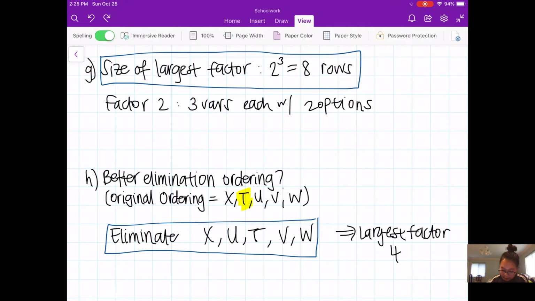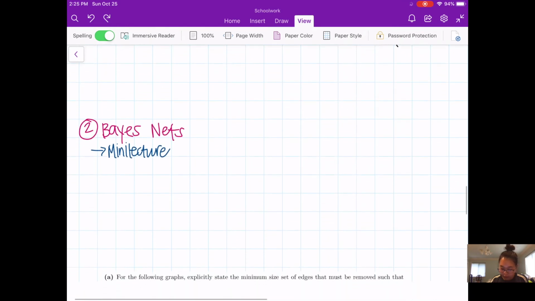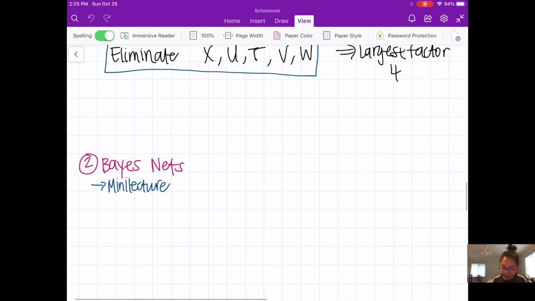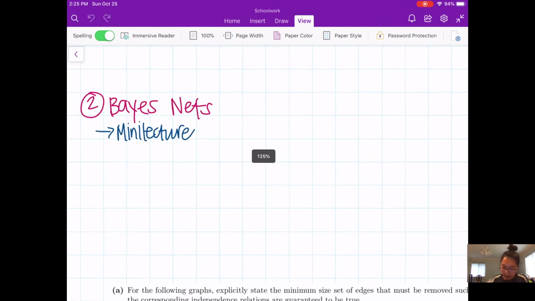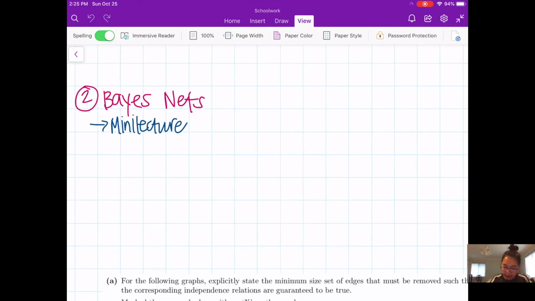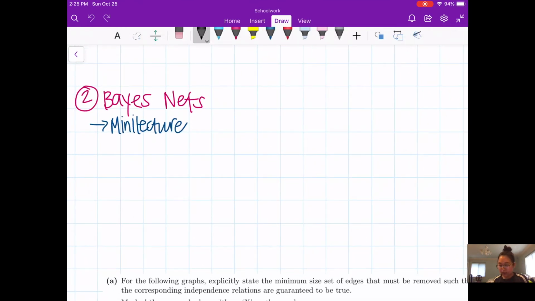So now we are going to move on to problem 2, which is on Bayes-Net, and specifically on independence. Since this is an independence focus, I wanted to outline some things you want to look at when considering independence, specifically what we call the inactive triples, which come into play with d-separation.